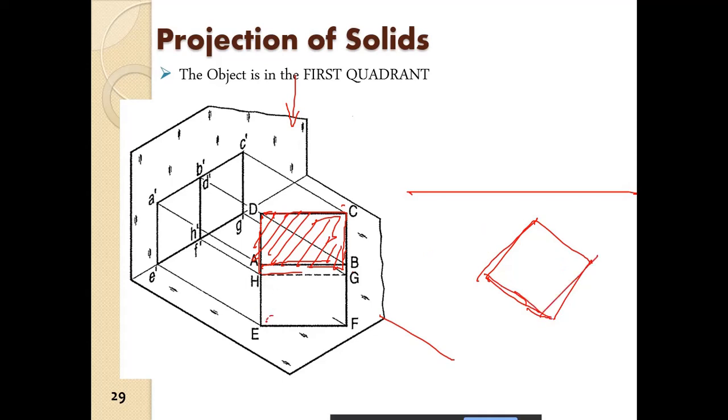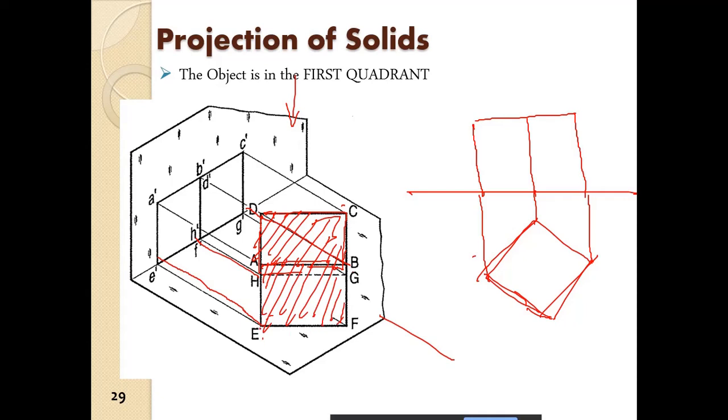Then I will project the projectors here, and this is 50 mm, and I will see these two surfaces, one is GFEH and the other is FGBC. So that plane is hidden in here, you cannot see that.